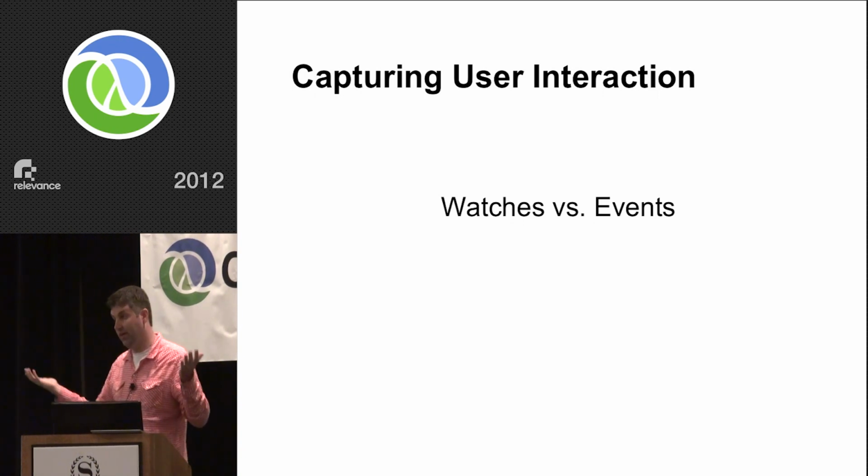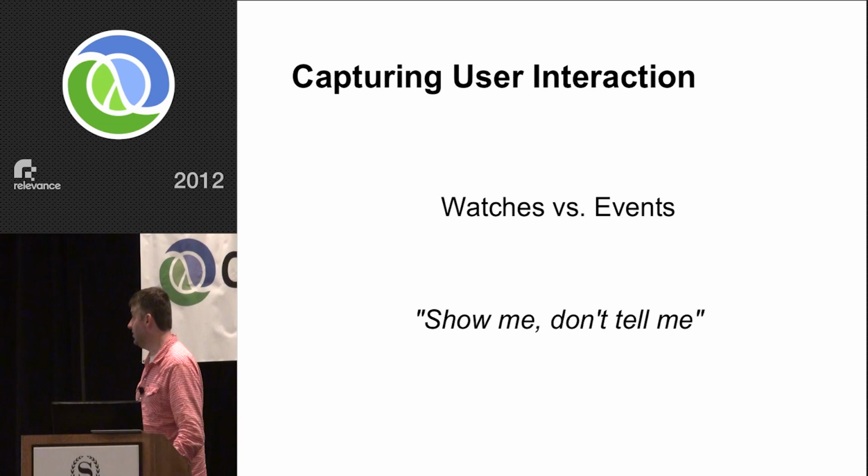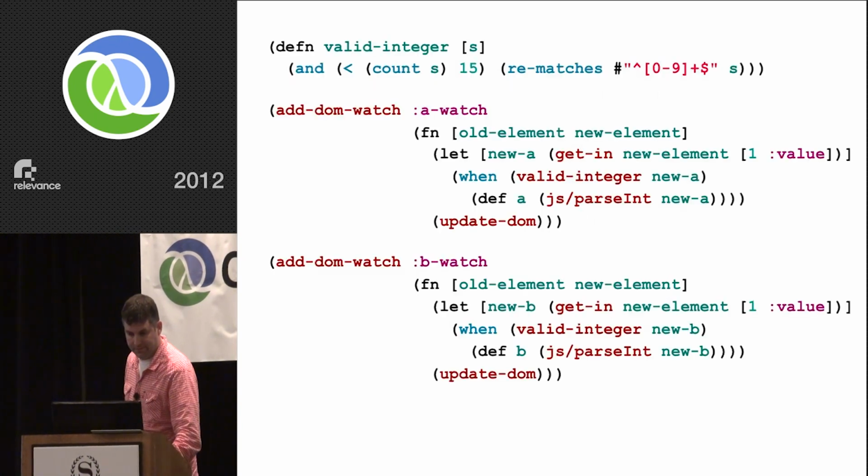We just want to see the before and after, and we can handle everything ourselves. And the way you can describe this is basically show me, don't tell me. I don't want you to tell me what the event was that happened. I just want you to show me the before and after of the event. So that's why we have watches.